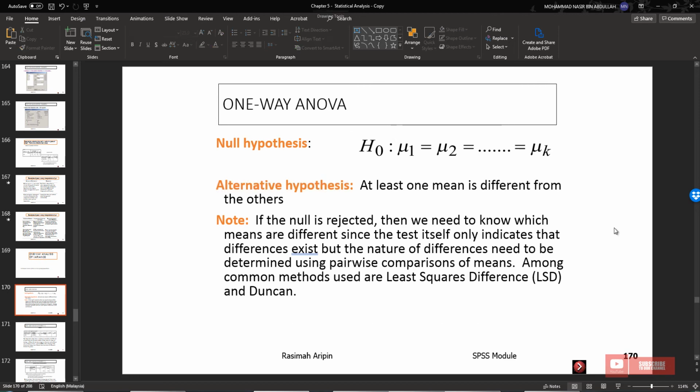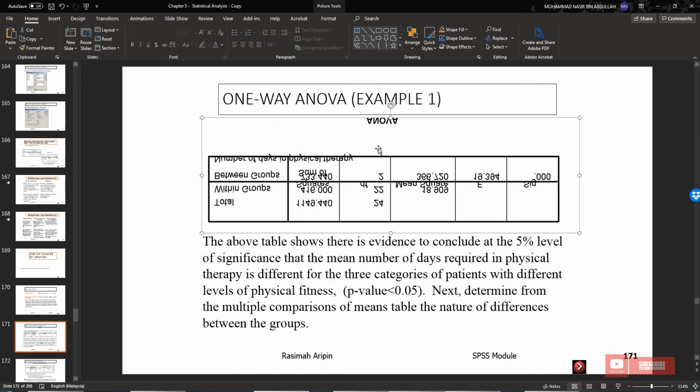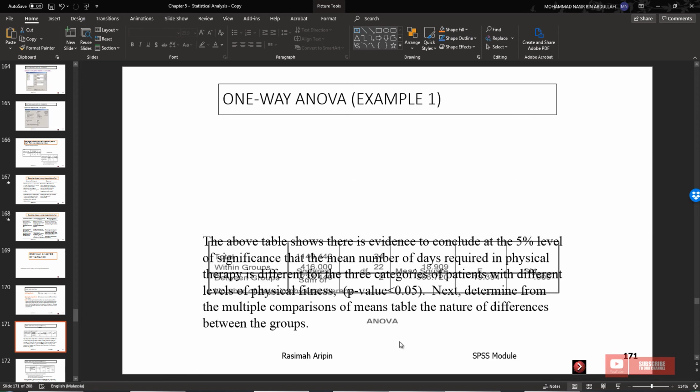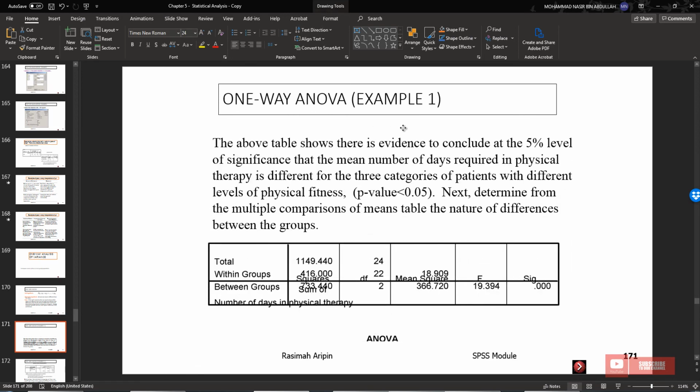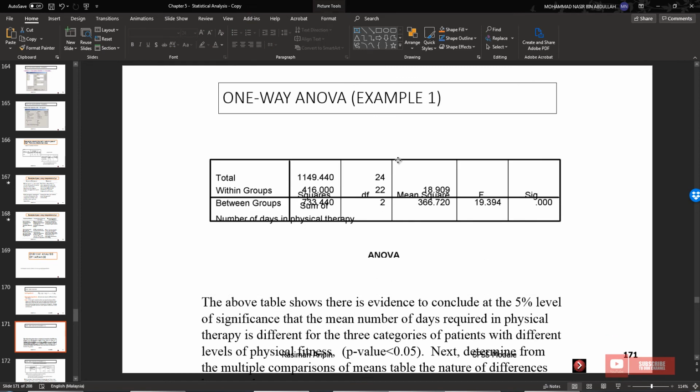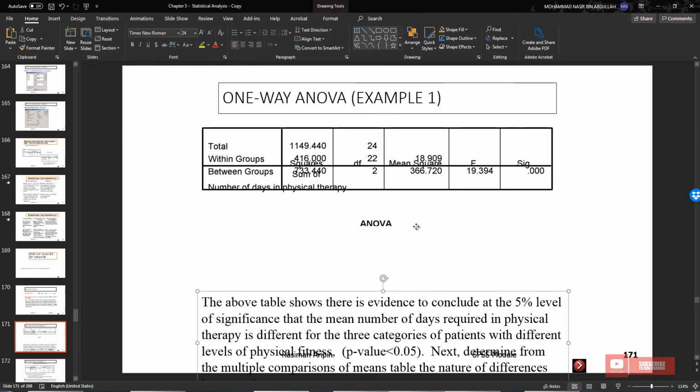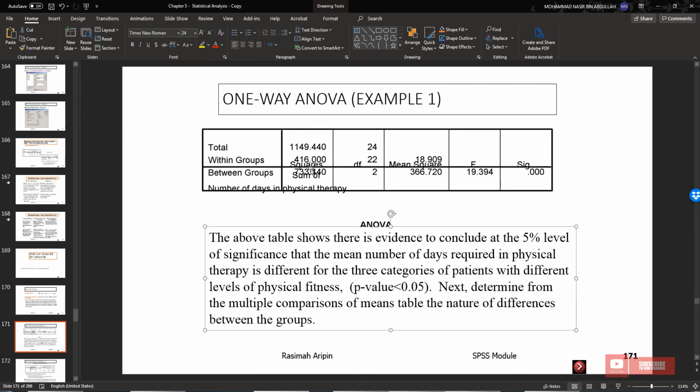Right? So this is a one-way ANOVA table. So we have within group and between group, right? So we're going to look at the p-value here.